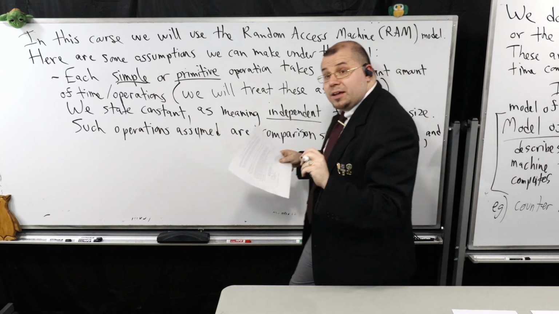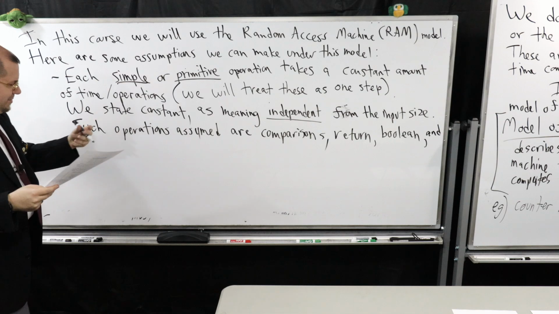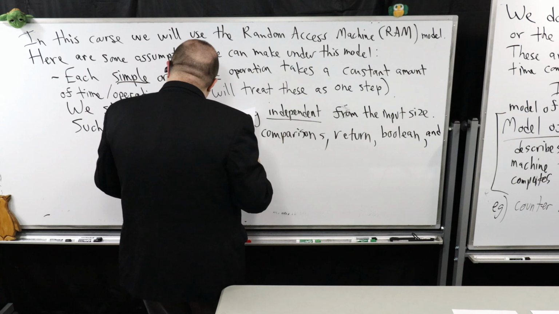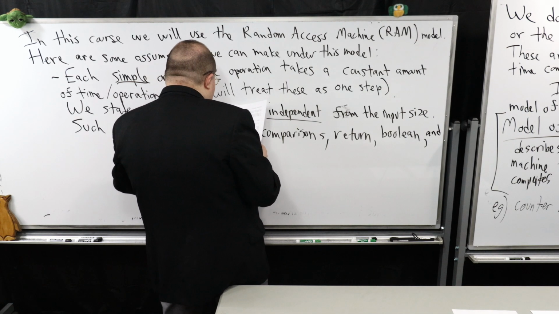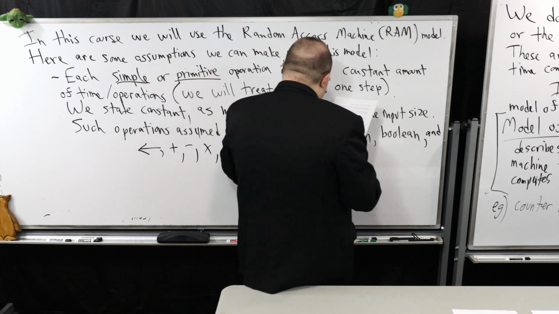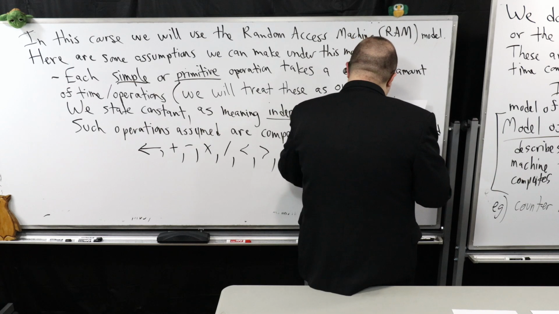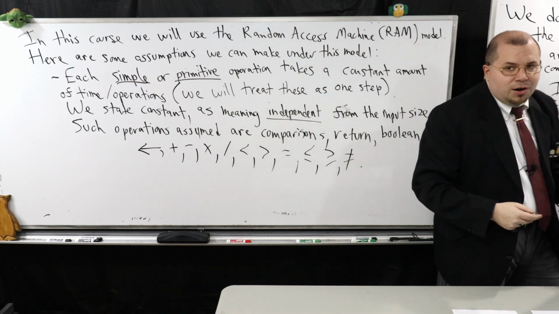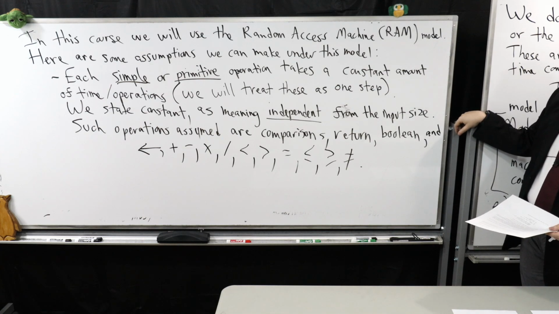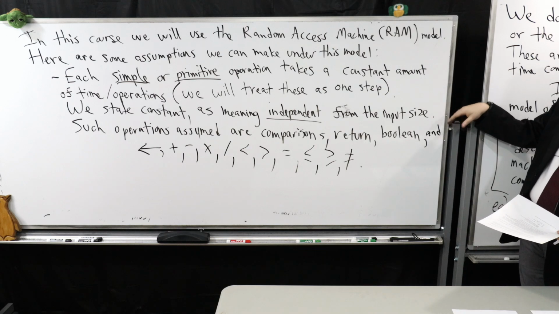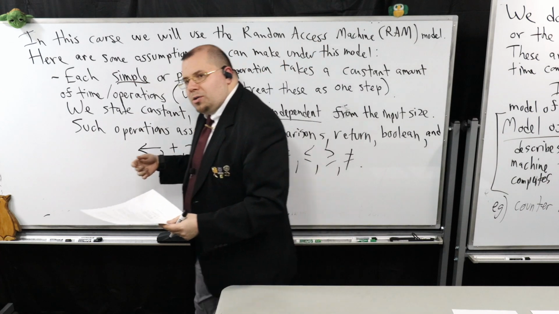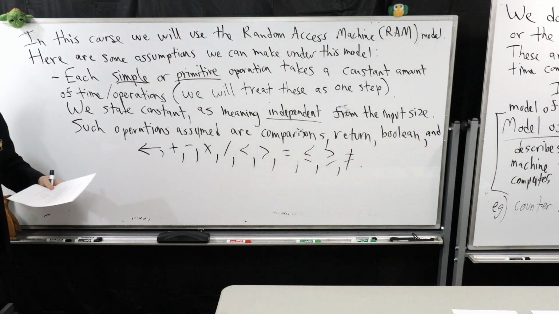And I'm going to assume these other operations: assignment, addition, subtraction, multiplication, division, less than, greater than, equals, less than or equals, greater than or equals, and not equals. I'm going to assume all of these are primitive or simple operations. So for example, assigning a value to a variable takes a constant number of operations. That would be an example of a simple operation. And very often the kinds of things we write in our algorithms tend to be comprised of simple operations.